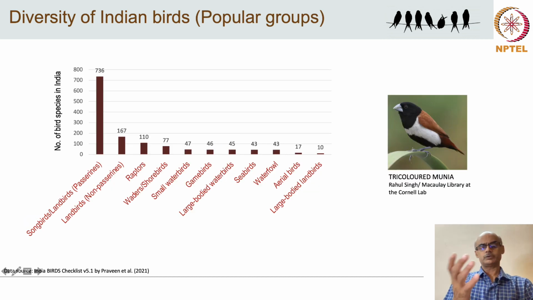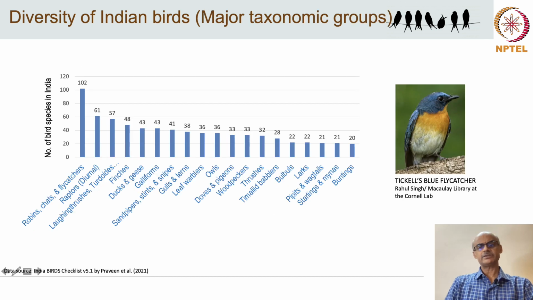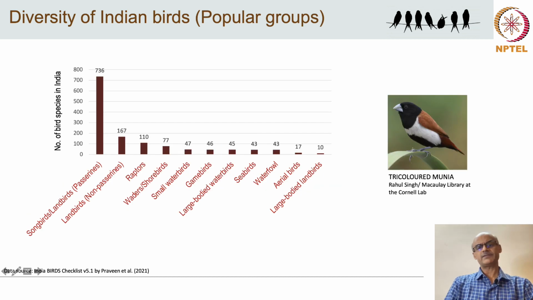If you classify by popular group instead of taxonomy, it's the songbirds or land birds which form the largest part of Indian avifauna. Almost 736 species out of 1300 belong to songbirds, what we call passerines, followed by non-passerine land birds, 167 species like hornbills, woodpeckers, bee eaters, rollers, kingfishers, and raptors, 110 species of raptors.